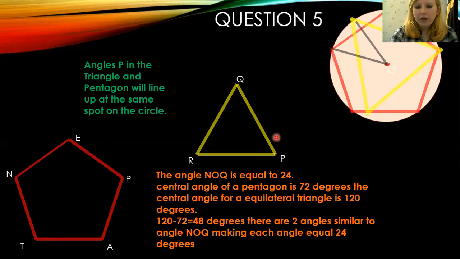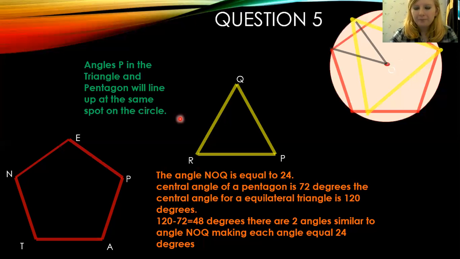So 120 minus 72 equals 48 degrees. If you extend the line from NO to E, you will notice that NOQ separates that angle. So if this angle is 48 degrees and it's split in half by NOQ, that means it's 24 degrees on both of these angles that make up NOE.